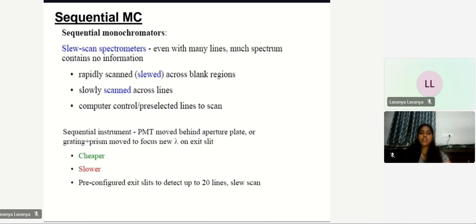In the sequential instrument, the PMT is moved behind the aperture plates, or the grating or prism is moved to focus wavelengths on the exit slit. It is cheaper and slower, with preformed exit slits to detect up to 20 lines.